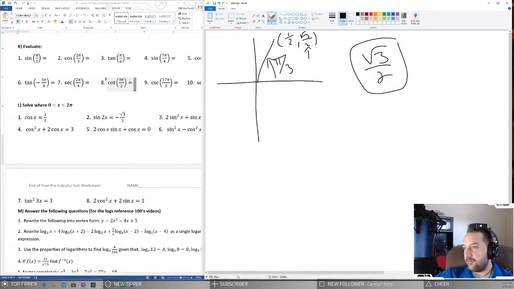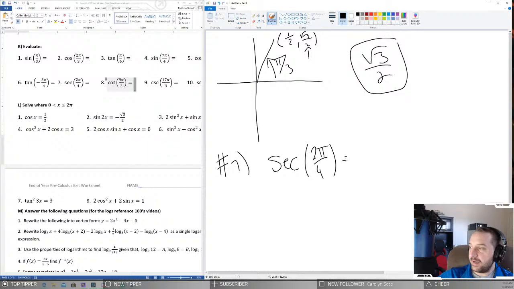Secant of 2 pi fourths, so like number 7. Well, the 2 pi fourths reduces into pi halves. So I need to think of where's the secant of pi halves. Well, secant relates to cosine. It's the reciprocal of cosine.